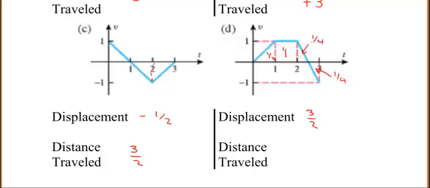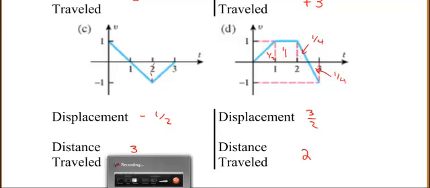So 1/4 plus 1/4 is 1/2, plus 1/2 is 1, plus another 1 would be 2. So that would be the distance traveled there. Remember, distance traveled means integrating the absolute value of the velocity, or integrating the speed.